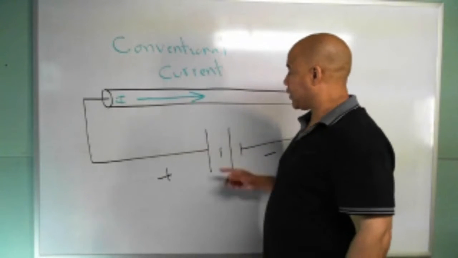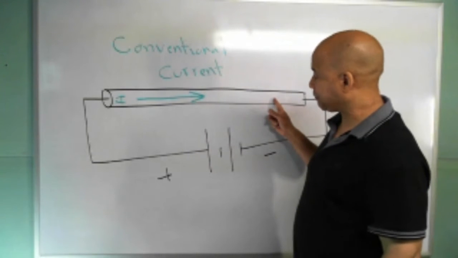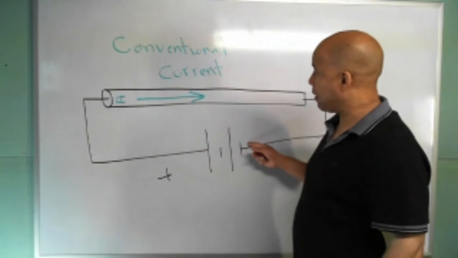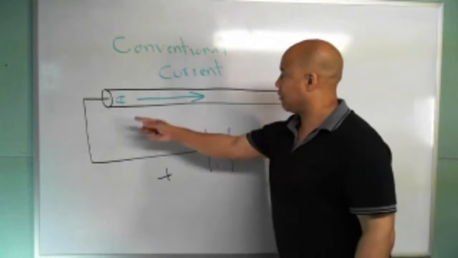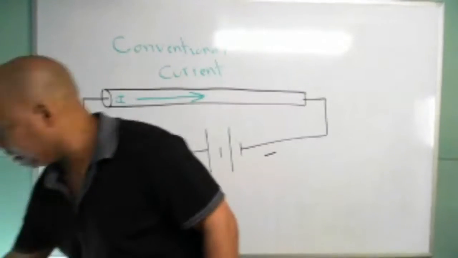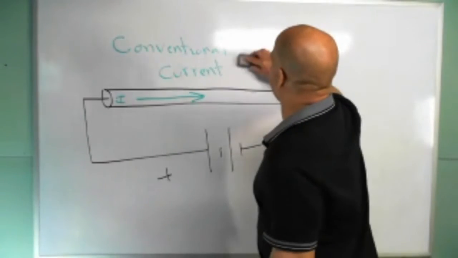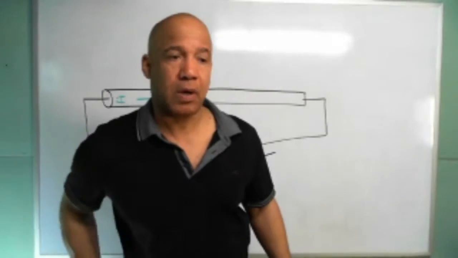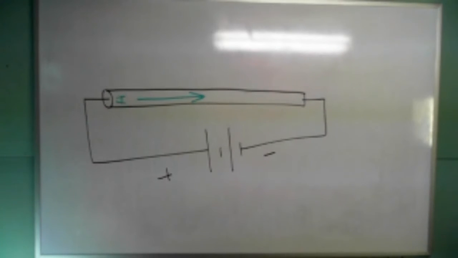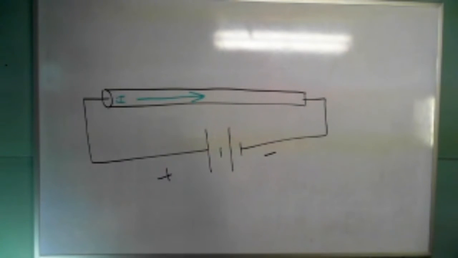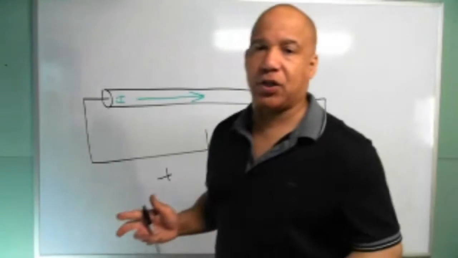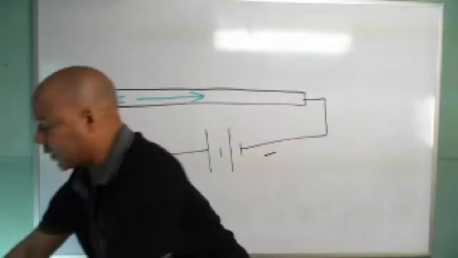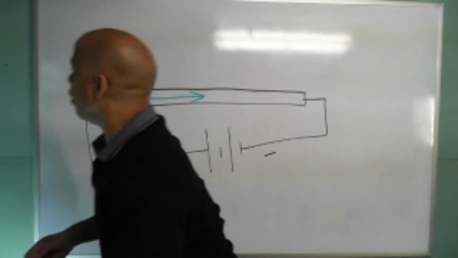So I've got a wire, a piece of copper. I've got a battery. I hook it up. Current's going to flow like this. Now, if I want to show direction, I can show it with an arrow, right?